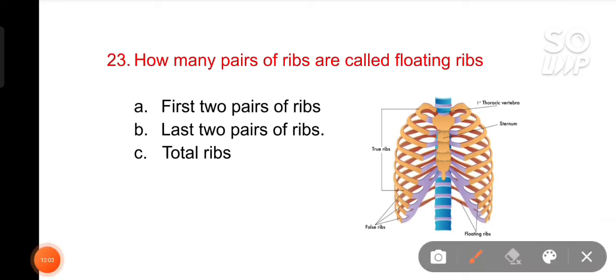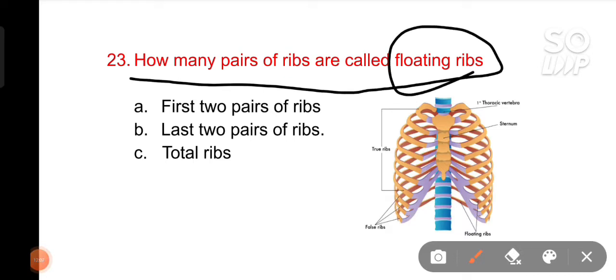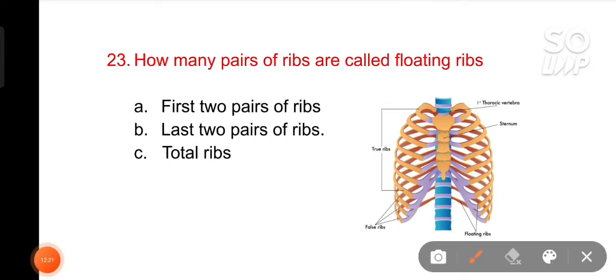The next question is, how many pairs of ribs are called floating ribs? The options are first two pairs of ribs, last two pairs of ribs, or option C is the total ribs. The right answer is last two pairs of ribs.